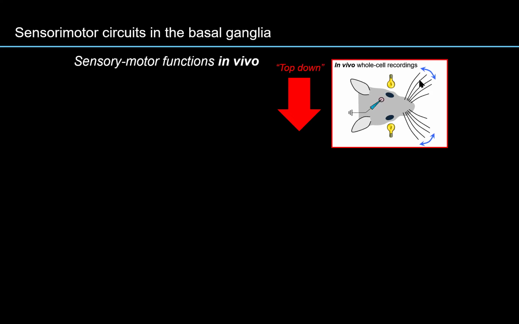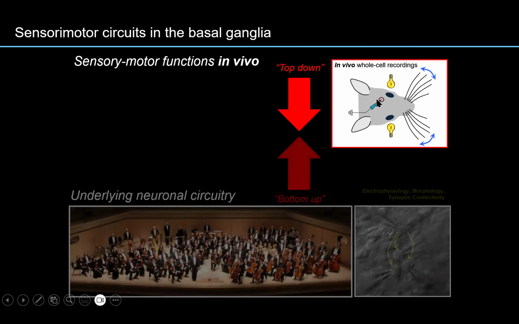We can also use the in vivo recording to see how the animal responds to sensory stimulation, multisensory integration from the whiskers, auditory, visual, and see what happens during behavior when the animal is whisking or walking, etc.